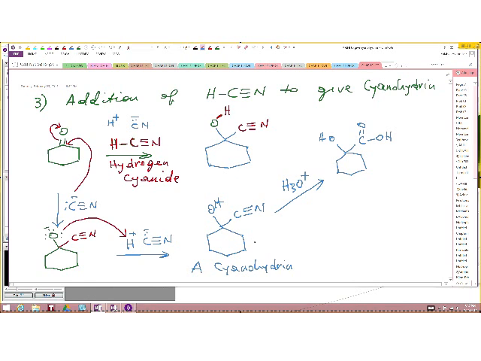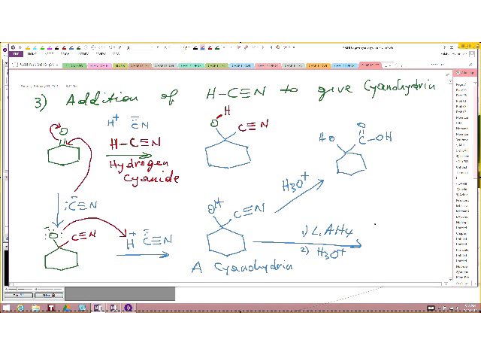You could also take the cyanohydrin and react with lithium aluminum hydride, LAH, followed by dilute acid.